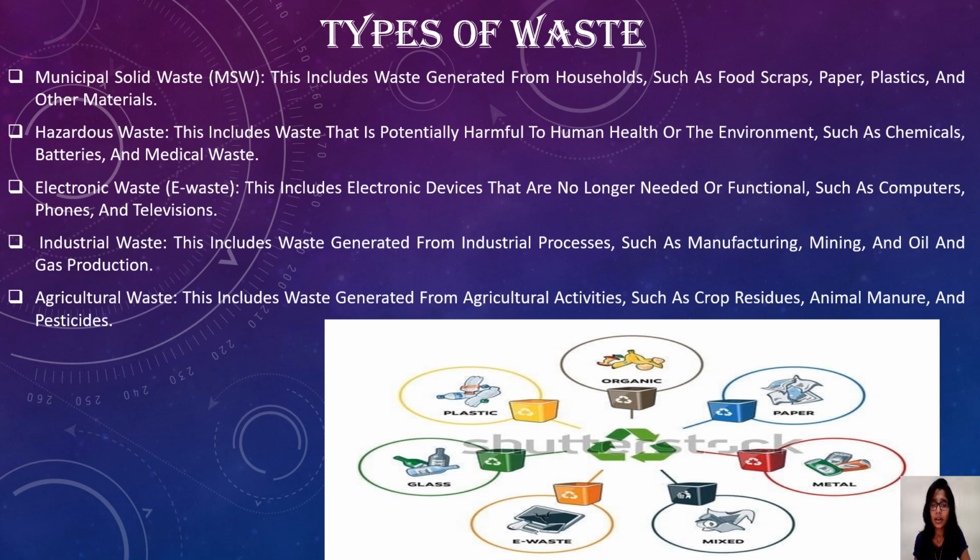This includes electronic devices that are no longer needed or functional such as components, computers, phones and televisions. Industrial waste. This includes waste generated from industrial processes such as manufacturing, mining and oil and gas production. Agricultural waste. This includes waste generated from agricultural activities such as crops, animal manure and pesticides.